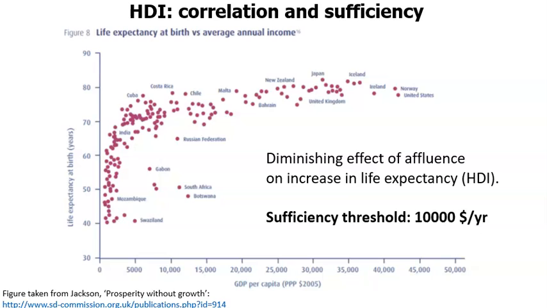So there is what we could say a sufficiency threshold of roughly $10,000 per year, which is sufficient for a decent life in terms of the HDI, and this may give a hint on whether or not perpetual economic growth is required for sustainable development, for human flourishing, but that's only a very rough indication.